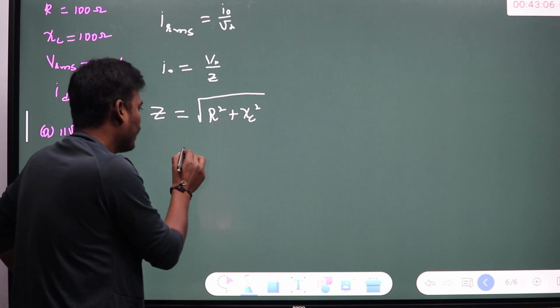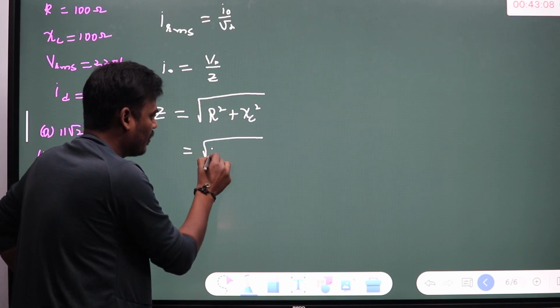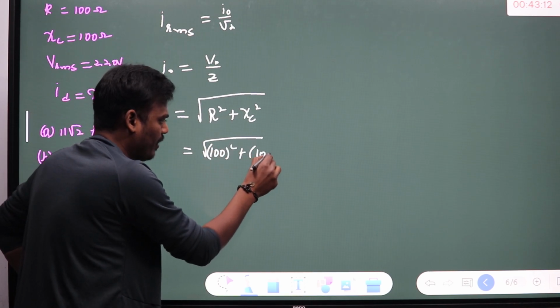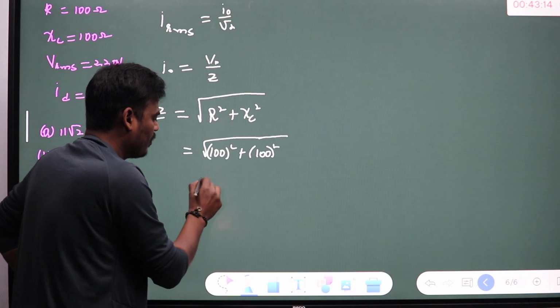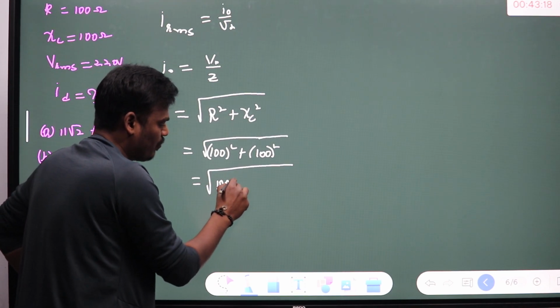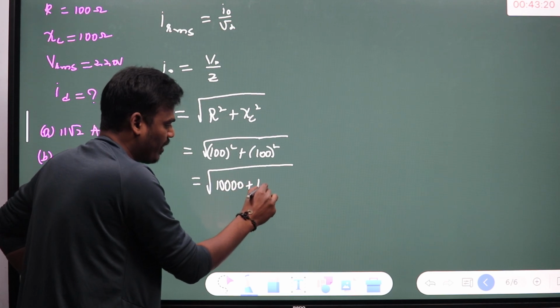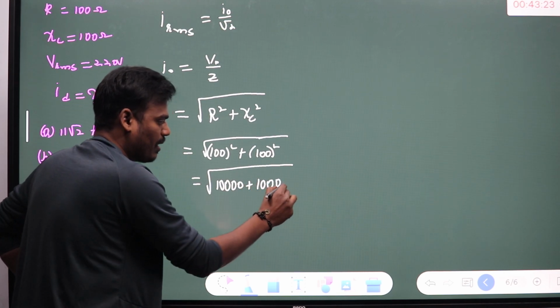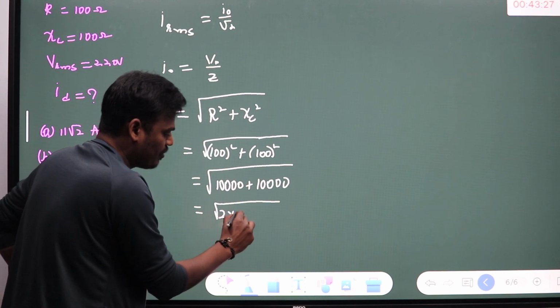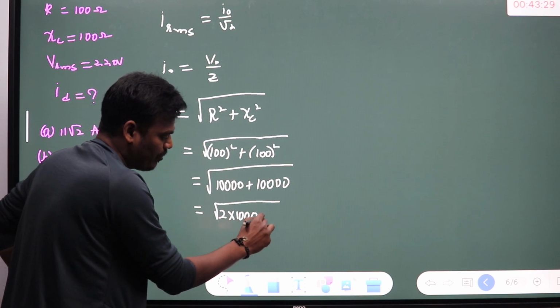What is this? R is 100, plus 100 square. So this will give 1 followed by 4 zeros plus 1 followed by 4 zeros. Can I write it as 2 times 1 followed by 4 zeros?